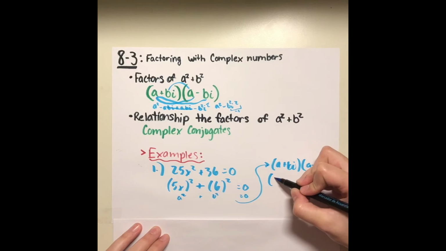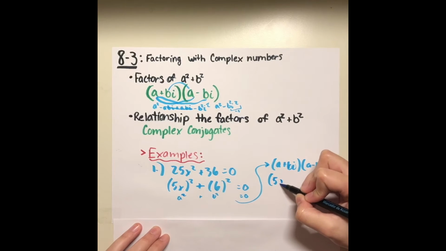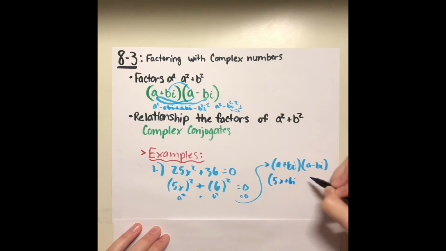So we can say 5x plus 6i times 5x minus 6i and set it equal to 0. Now that we have this, we can solve it just by normal factoring.